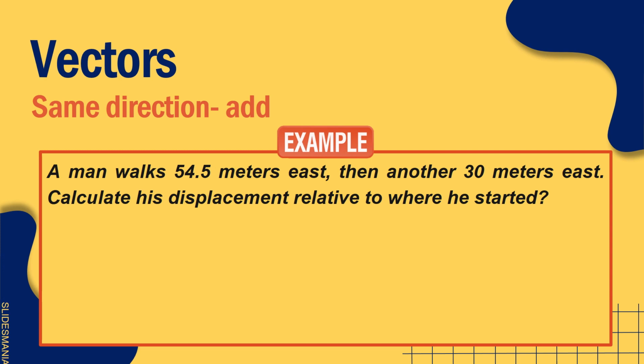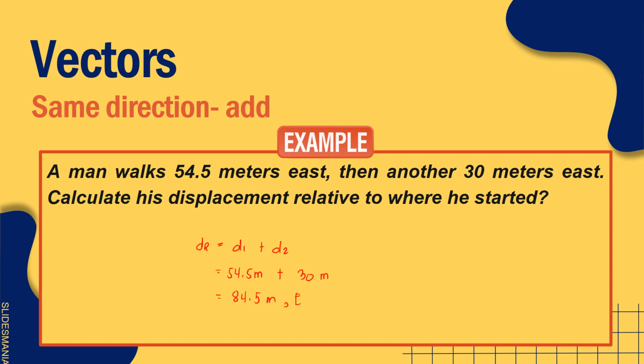So we have dr as the resultant displacement is equal to d1 plus d2. Your d1 is 54.5 meters plus your d2 is 30 meters. So 54.5 plus 30, that is 84.5 meters. And of course, you just need to copy the direction.